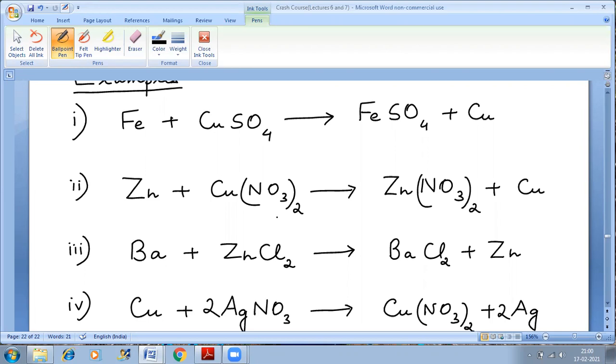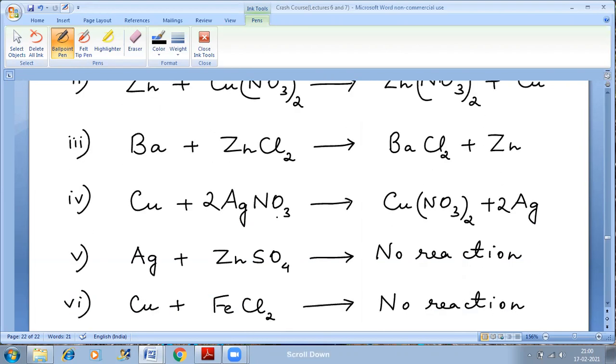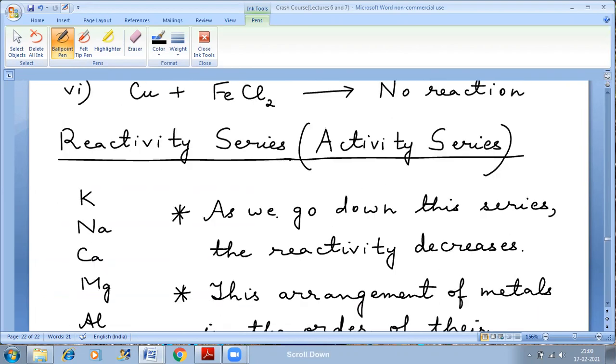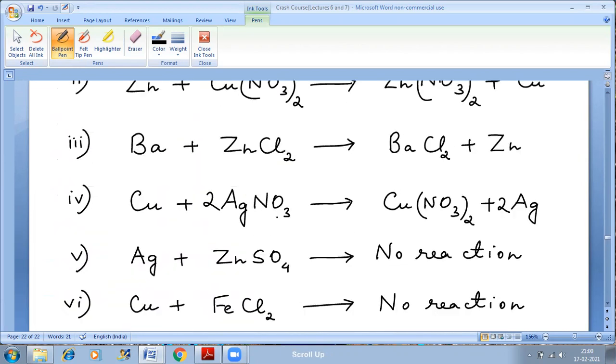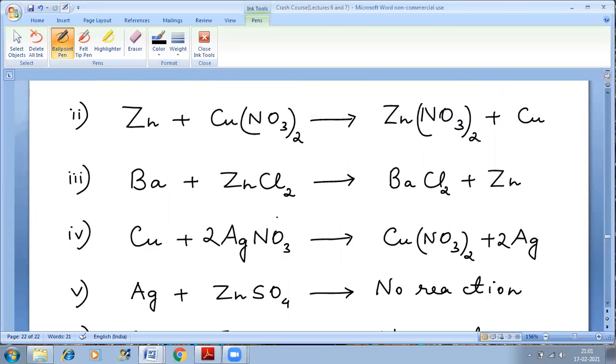So, what is the position of barium in reactivity series? It is quite high. I have given you the reactivity series below, so you can have a look at it. Now, in 10th standard, we usually don't show the position of barium, strontium, and all this stuff. But remember one thing, like a shortcut.